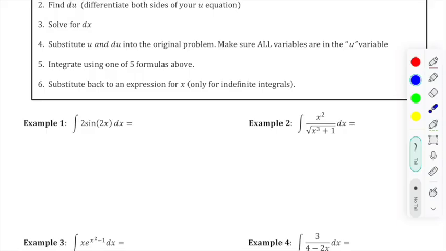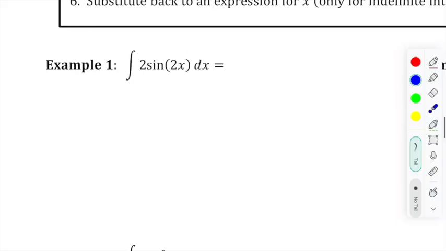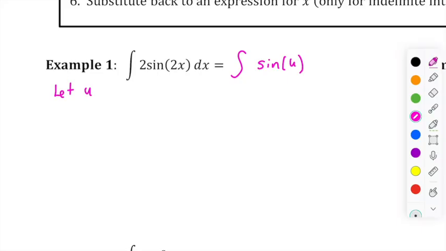So let's do this example right here. So this is a simple one. We're going to say, because we know what the integral of sine of u is, but not sine of 2x. So we're going to let u equal 2x. That's our step 1. Our step 2 is to take its derivative.